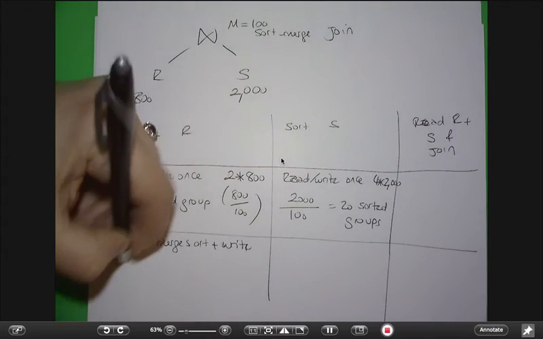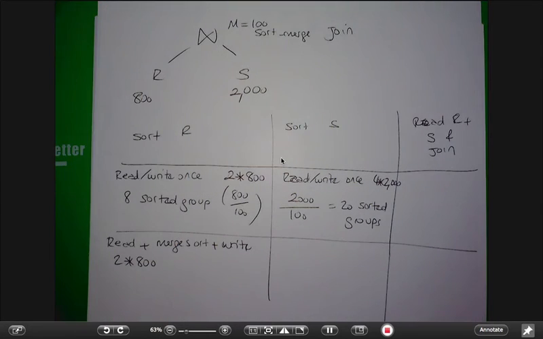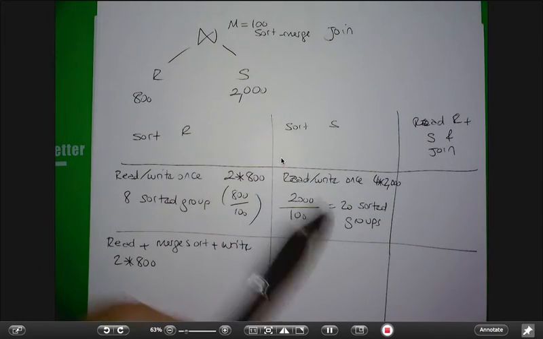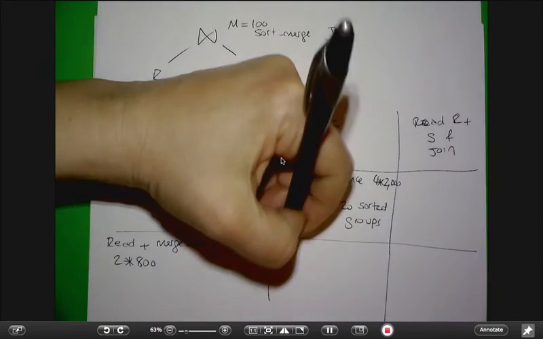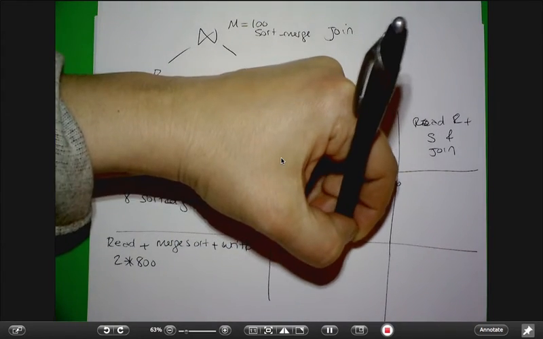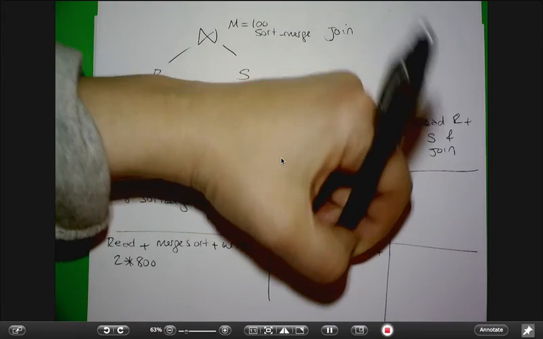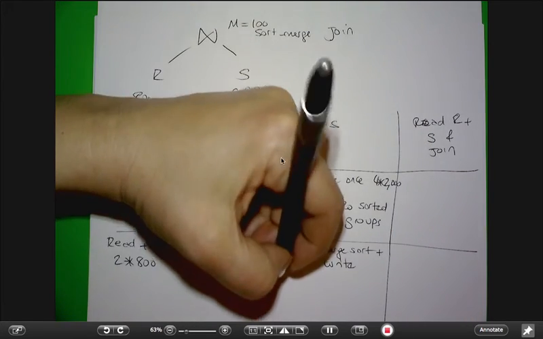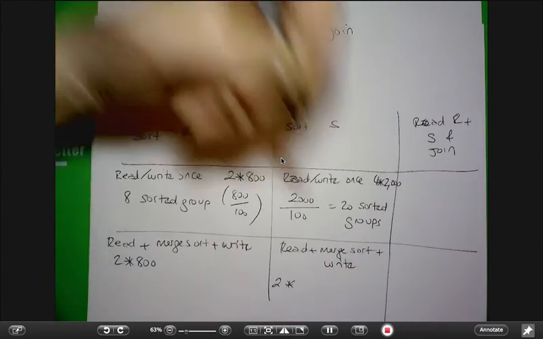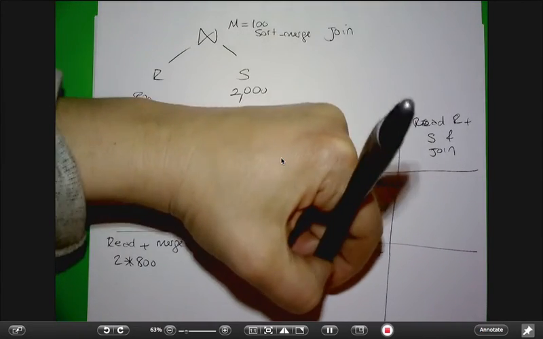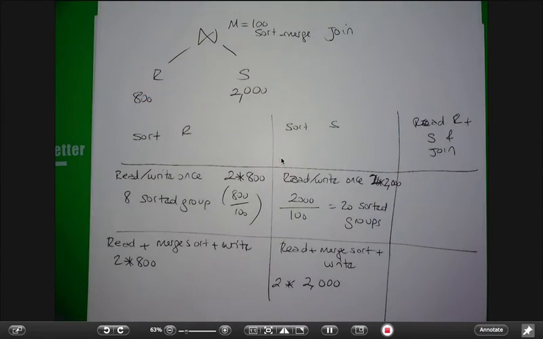My total cost will be 2 times 800, and then I will be done with the sorting of R. Then I can do the same thing because I have 20 sorted groups but 100 blocks, so I can read, merge, sort, and write, which would be again 2 times 2,000. And then, now I have a sorted R and a sorted S. I can read them once and join.